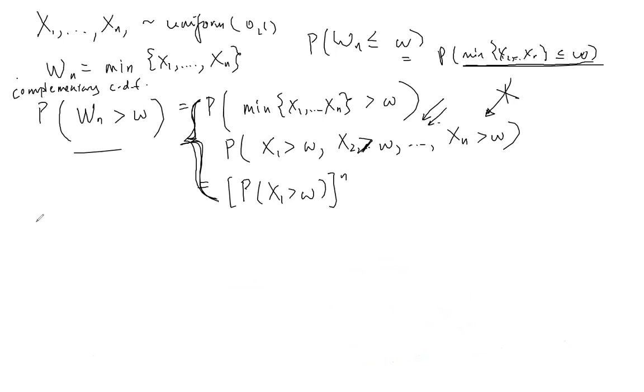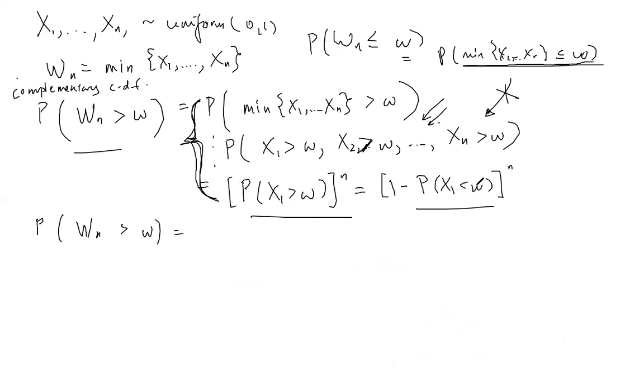Okay, so you work out this, you will get this thing, which is 1 minus P of X1 over. Okay, so basically this is just 1 minus W to the power of n, right?